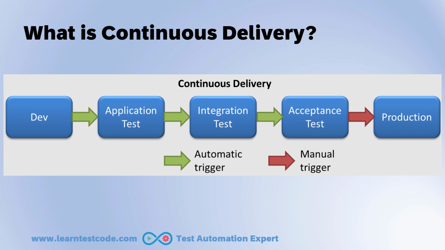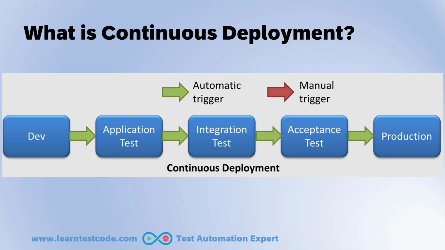And then we manually trigger approval in our CI/CD pipeline, and then deployment to the production is triggered by some manual process, usually by approving, okay, it's ready, let's go to the production.